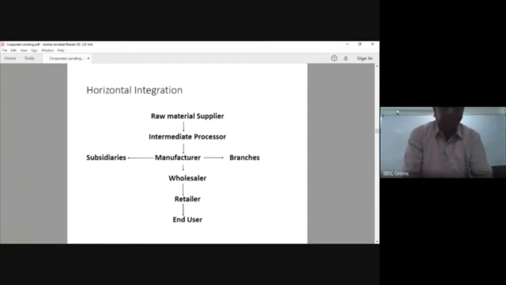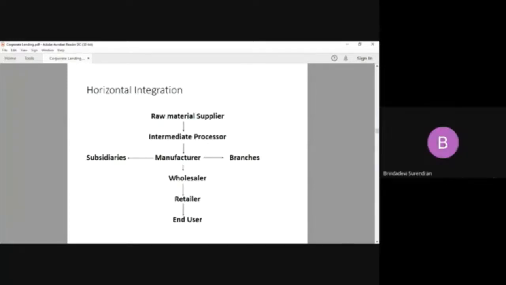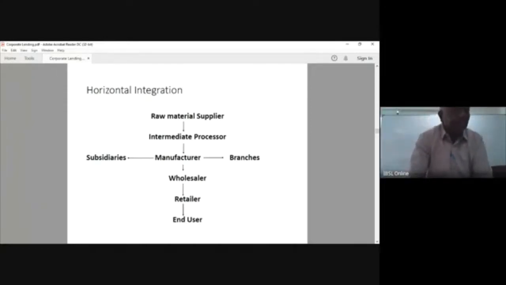Okay, now this is Cargills supermarket and then Arpico supermarket, right? John Keells also like that. Okay, vertical integration and horizontal integration. Any other good example? DSI, Samson Industries. Am I correct?